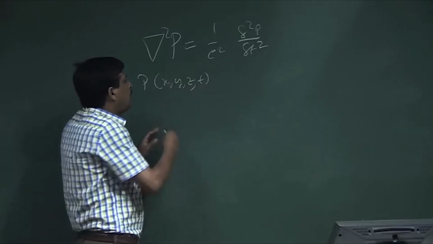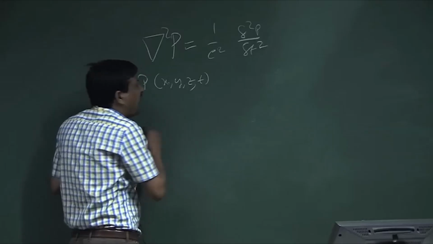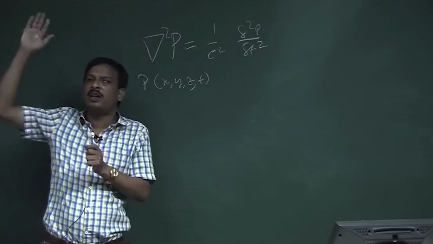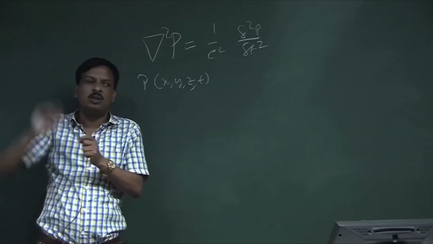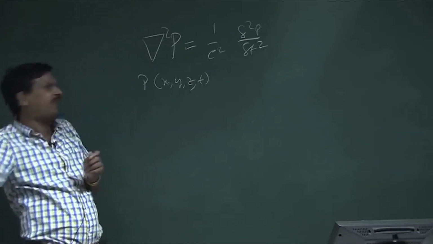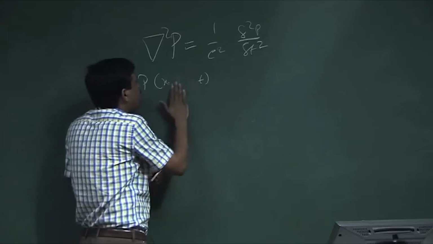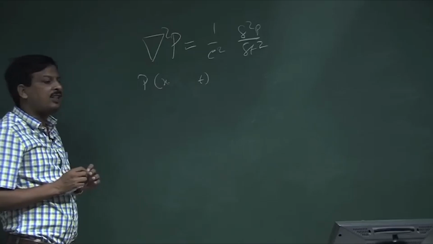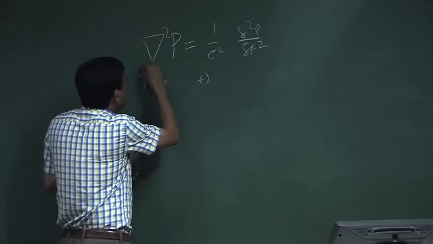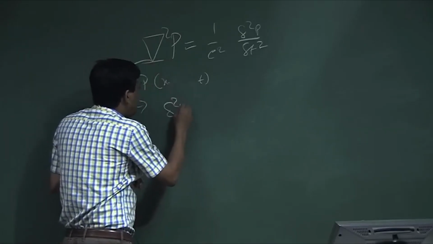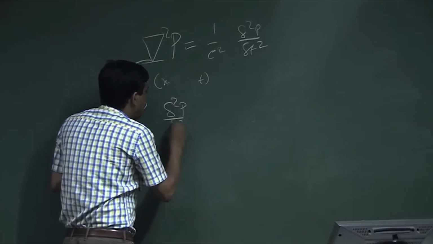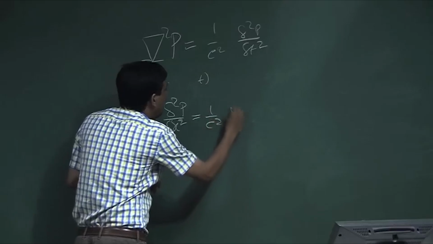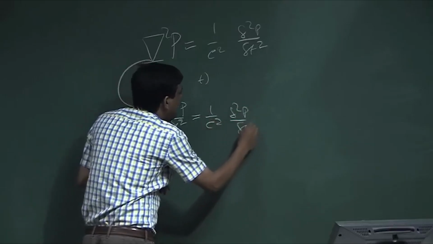Let us say the plane wave is propagated along the x axis only. There is no propagation in the z and y axes. So if the plane wave is propagated along the x axis only, P is a function of x and t only. In that case, this becomes del square P by del x square is equal to 1 by c square del square P by del t square.